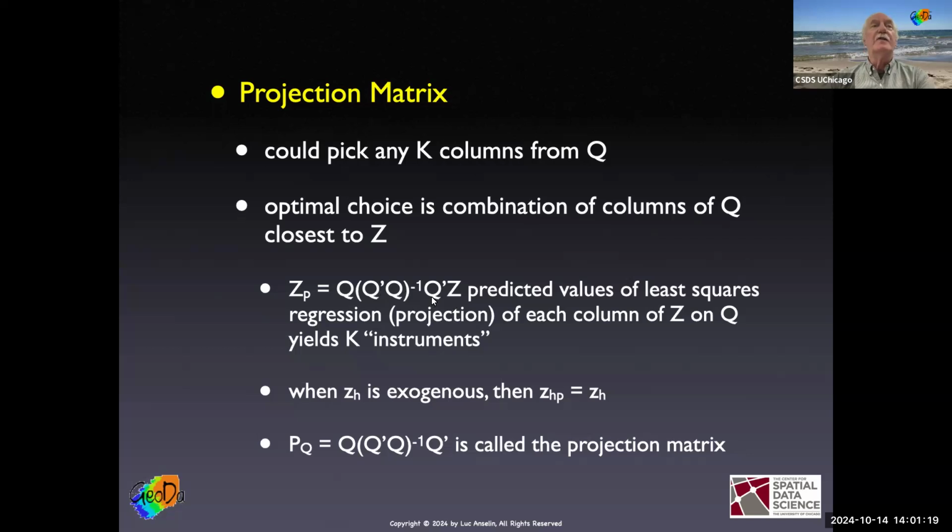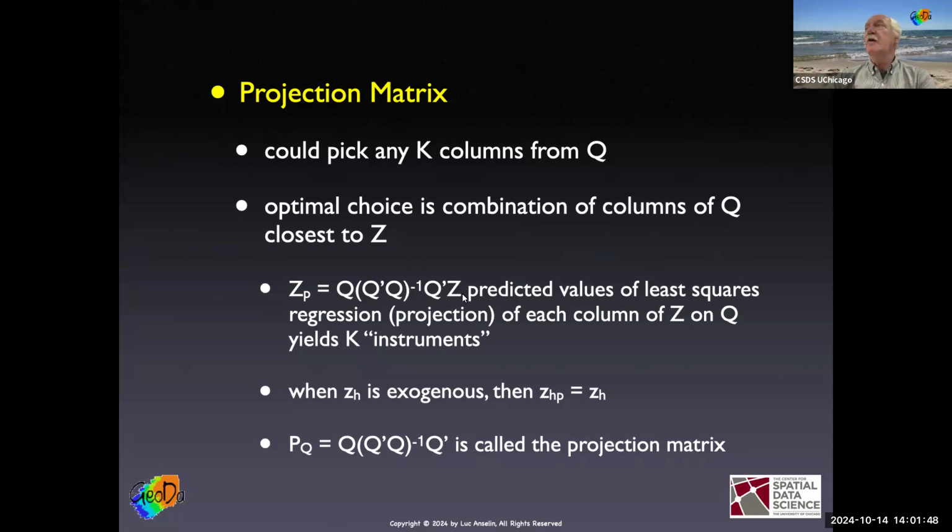The role of X is played by this matrix Q, where of course the exogenous ones are replaced by themselves. So for the exogenous ones, nothing happens, right? You regress something on itself, the result is a coefficient of 1. And so then this is a set of coefficients, and if you multiply that by Q, you have the predicted value.